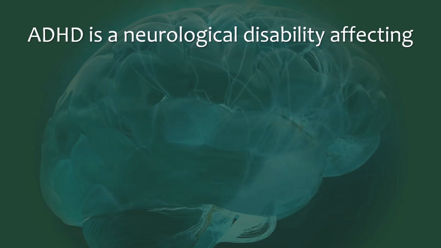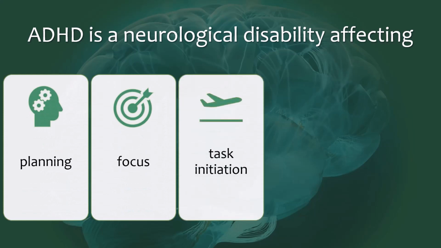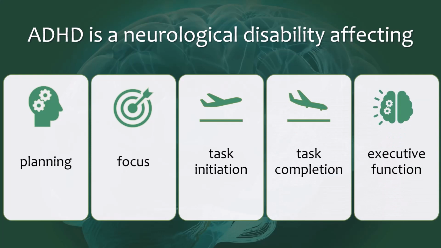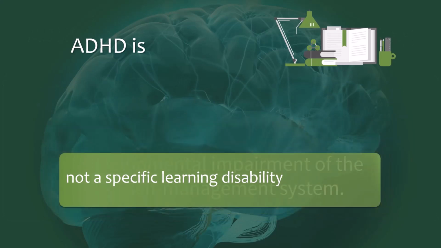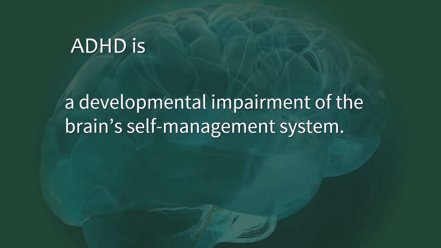Like autism, ADHD is a neurological disability affecting planning, focus, task initiation and task completion, and executive function. ADHD is not a behavior disorder, it's not a mental illness, nor is it a specific learning disability. It's a developmental impairment of the brain's self-management system, the executive dysfunction that we discussed earlier.